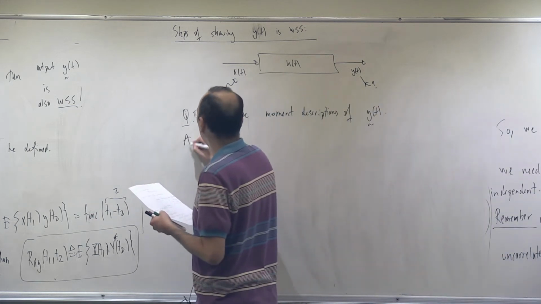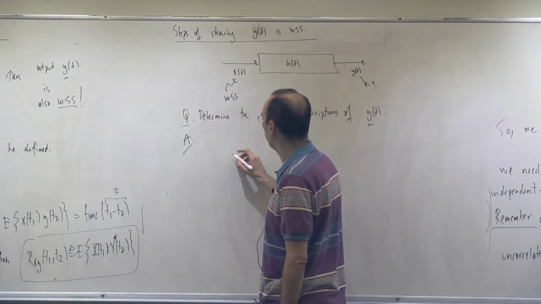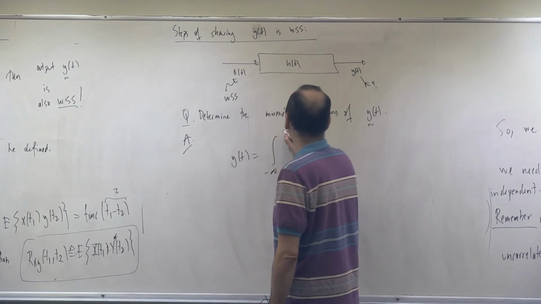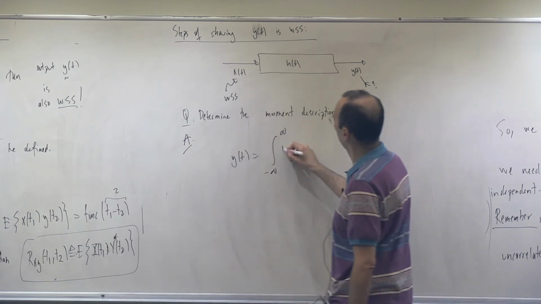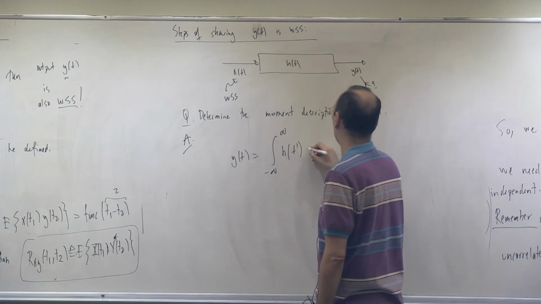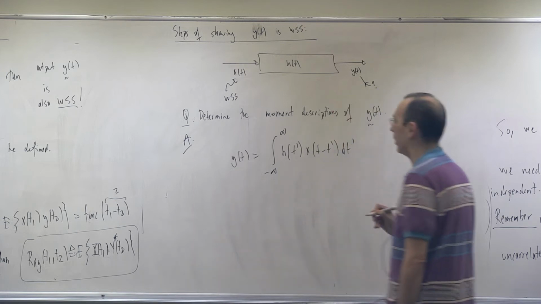So let me say this becomes the answer. Now, first of all, do we remember the convolution relation? y of t is equal to the integral from minus infinity to infinity of h of t prime, using a dummy variable t prime, times x of t minus t prime, dt prime.